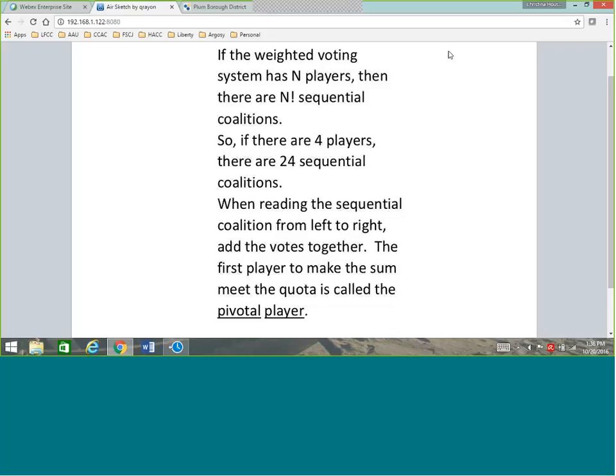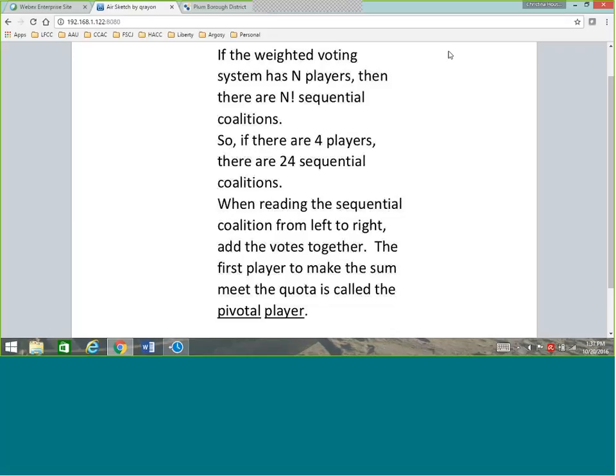So if there are 4 players, there are 24 sequential coalitions. In every single problem with 4 players, there are 24 sequential coalitions. The good news is that once you see the list of 24, you can really just use that same list over again in every other problem that has 4 players because it's the same list.